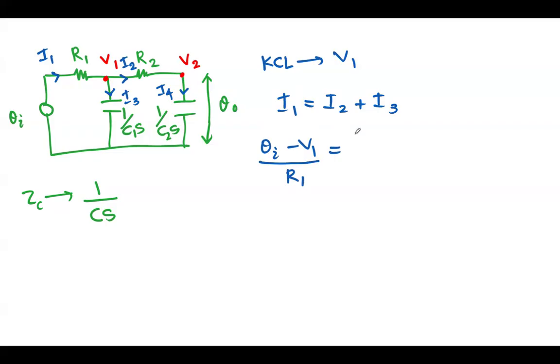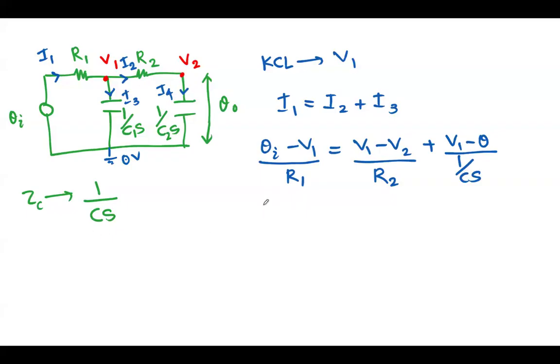For the I2, we can write V1 minus V2 over R2. Plus, for the I3, this voltage is equal to 0. Then V1 minus 0 over our impedance value, which is 1 over C1s.